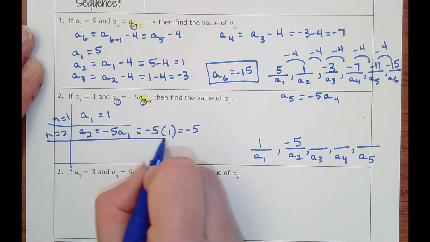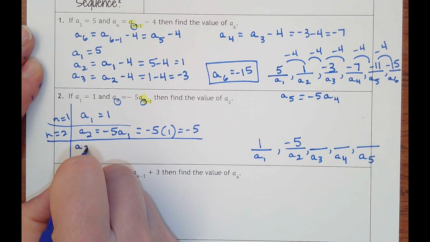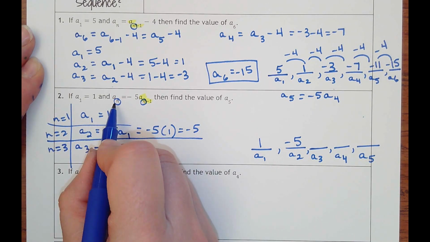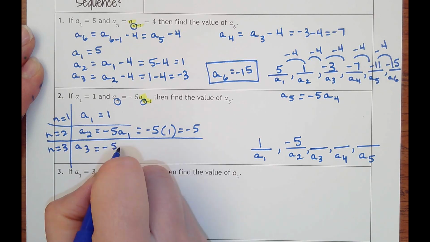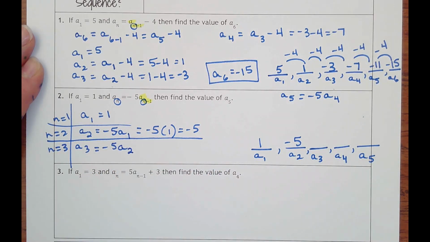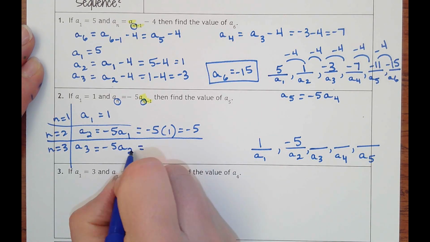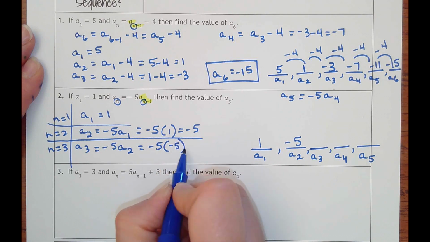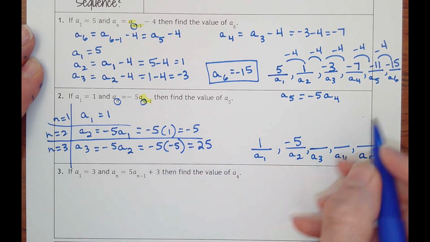To find the third term, a sub 3, your n value is 3, which would equal negative 5 times a sub 3 minus 1, which would be a sub 2. That means take your previous term, your second term, times negative 5, and our previous term was negative 5. So that would be positive 25.